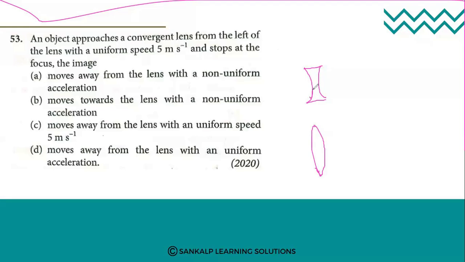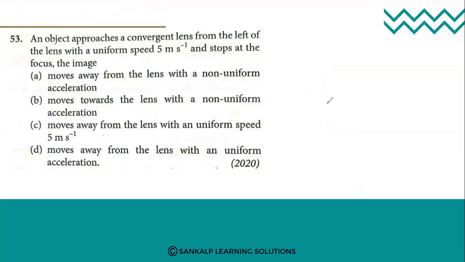Which one is called the convergent lens? Yes, the convex lens, this one is called the convergent lens. So here, in the question, the object approaches the convergent lens from the left side.